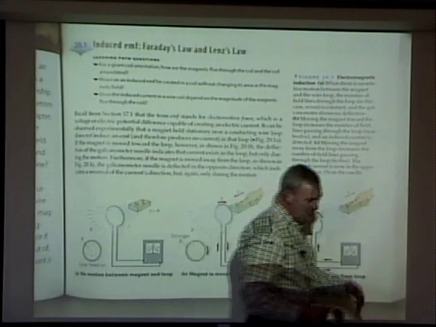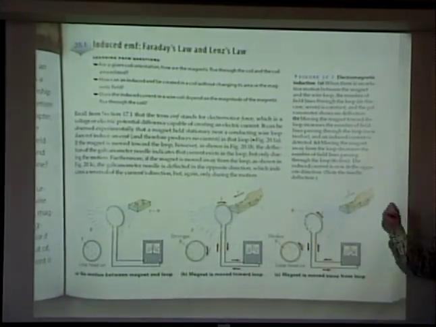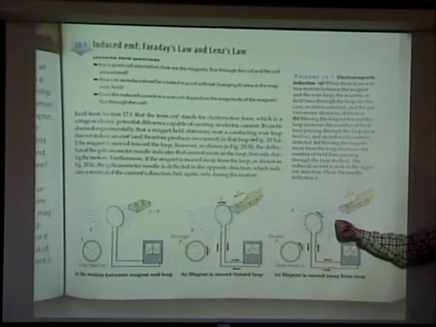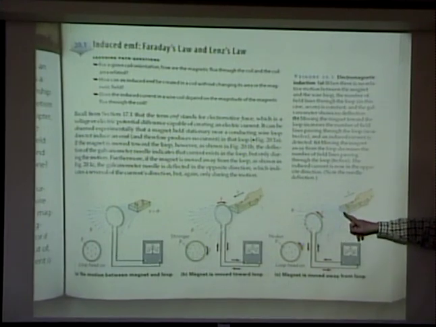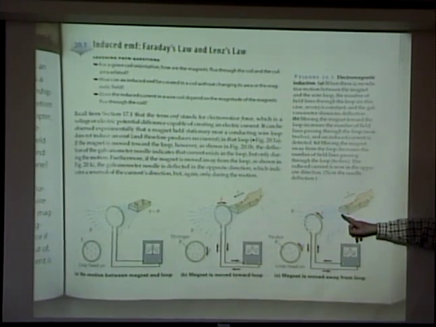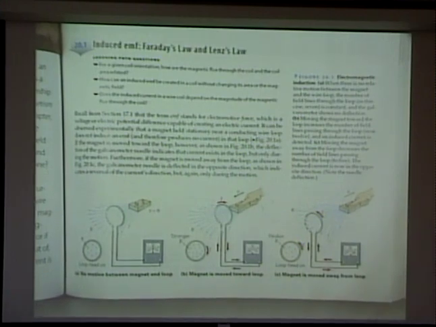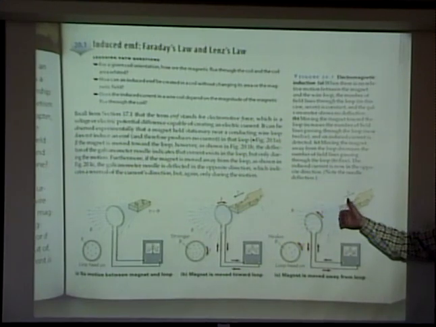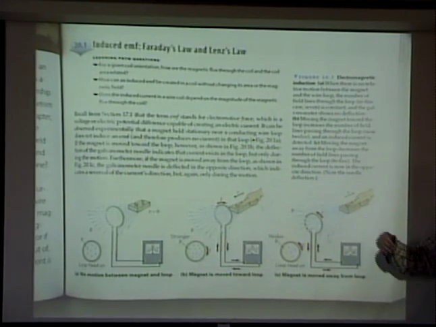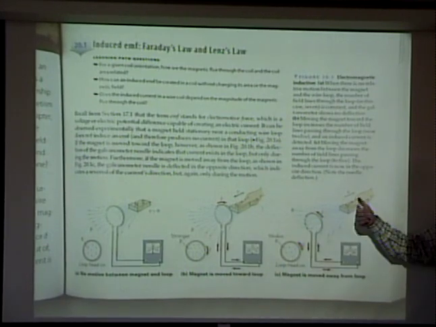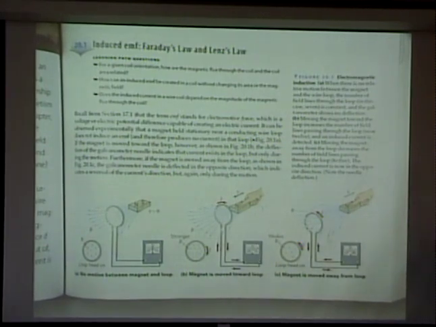Now look what happens when we start to pull this magnet away. Is the magnetic field increasing or decreasing here? Decreasing. And so the wire goes, hey, wait a minute. The party is just getting started. Come back. In other words, when it's decreasing, it tries to create a current that says, hey, come back.